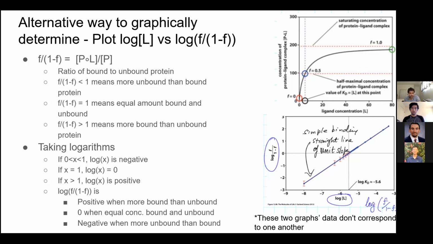If f over 1 minus f is 1, then the log of it is 0. If it's greater than 1, then the log will be positive. As you can see in this graph, you have 0, negatives, and positive numbers. So you still have the same regions as in the non-log plot. They're just distorted, but it's showing you really the same thing.